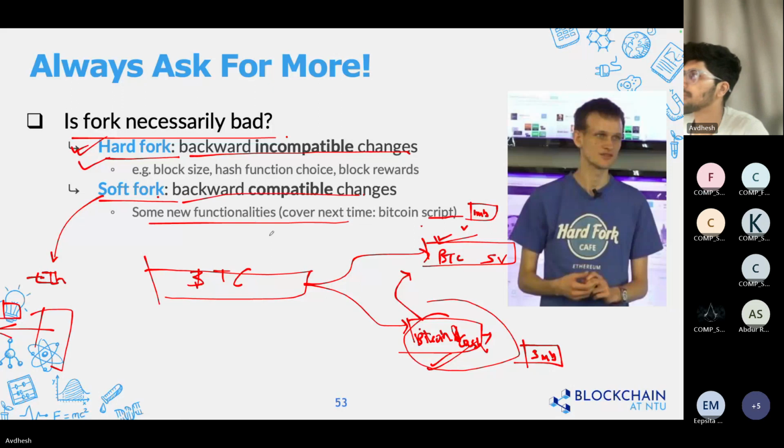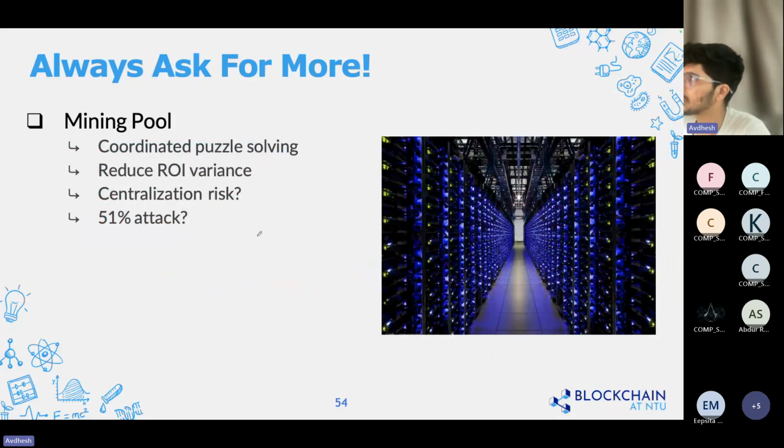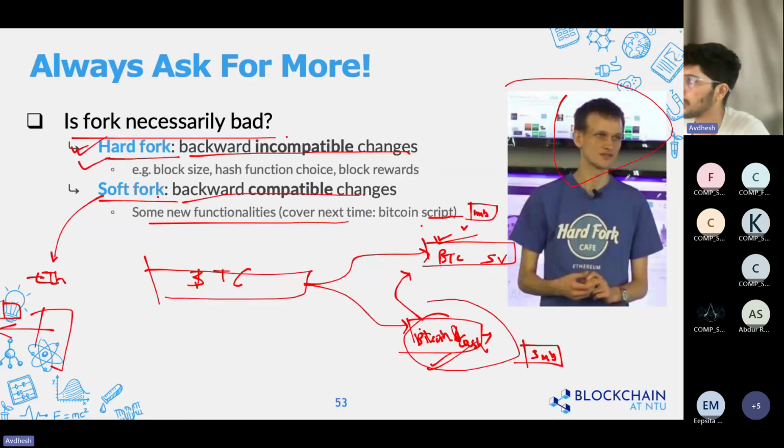So this guy is the creator of Ethereum. He was, I think, around 19 or 20 when he created it. One of the very intelligent guys in the cryptocurrency ecosystem. His name is Vitalik, you can check him out.